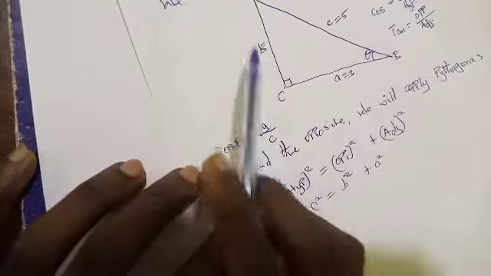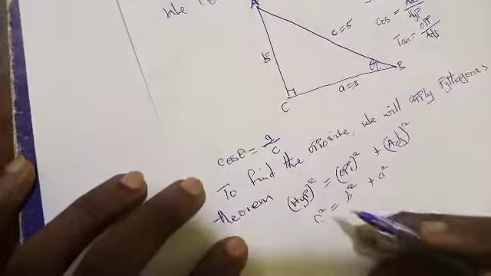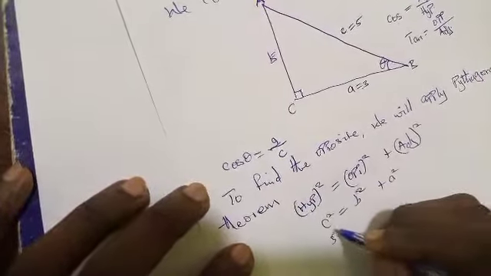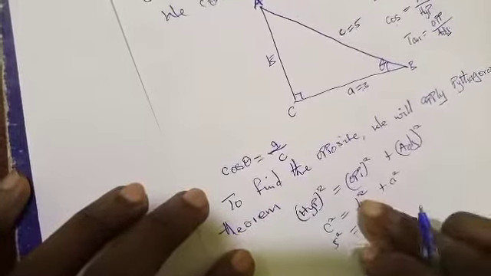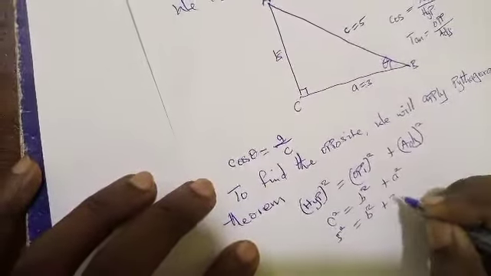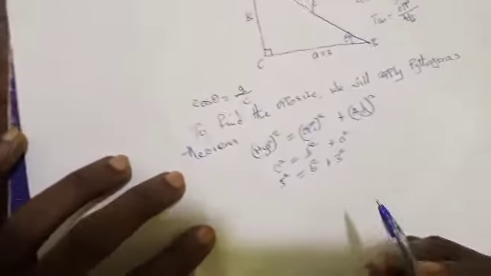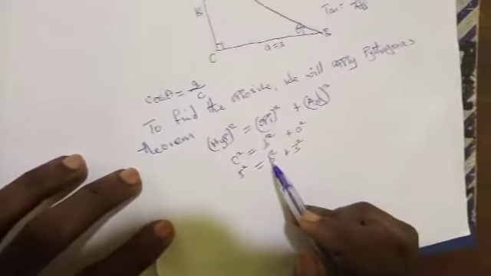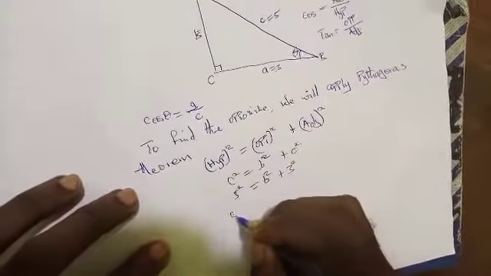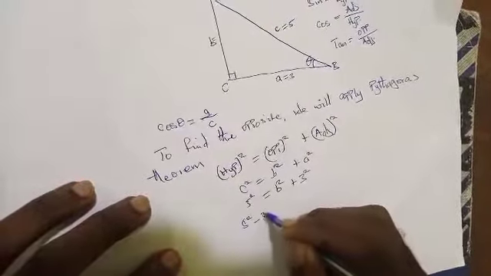So what we are looking for is the opposite, and our C is what? 5 square is equal to our B, which we are looking for, b square, plus our A, which is 3 square. So now, as what we are looking for is b square, we collect like terms and we have 5 square minus 3 square.